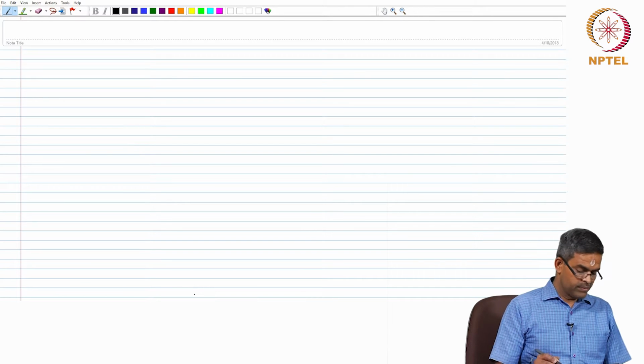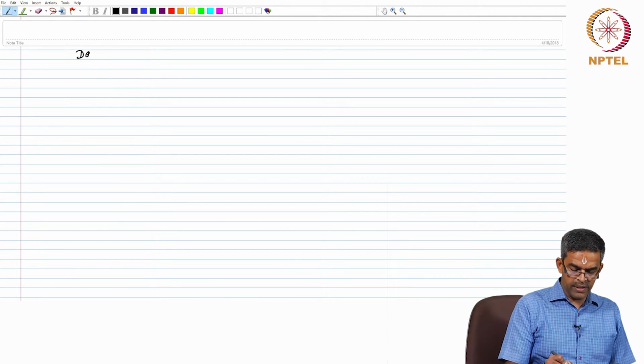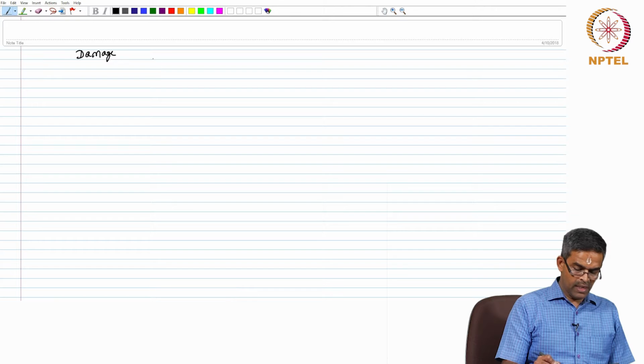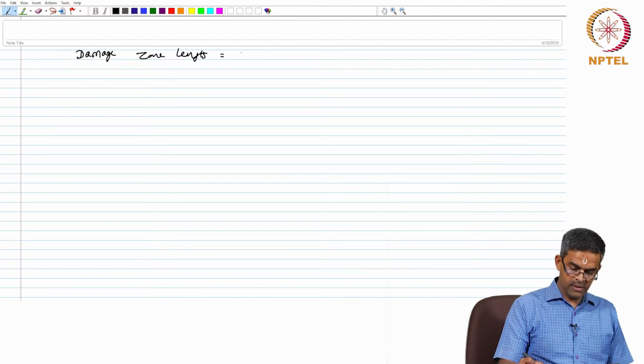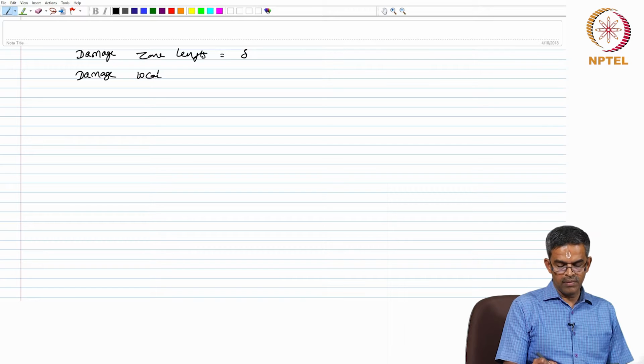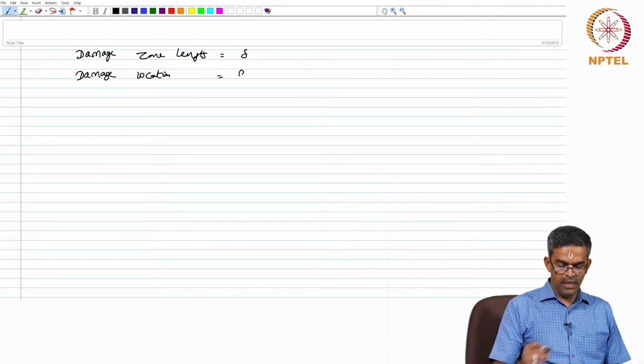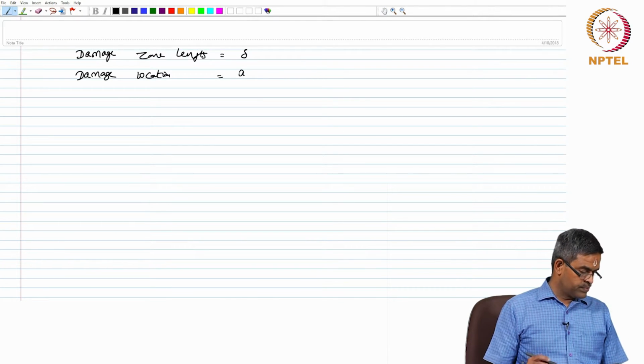So, from the figure it is clear that the damage zone length is delta and damage location is a from the left support.